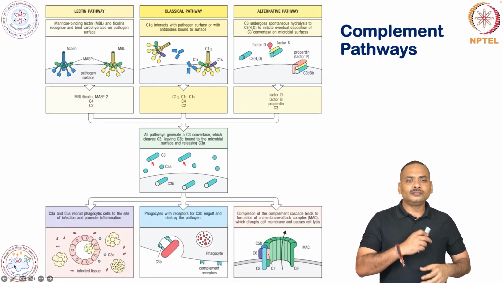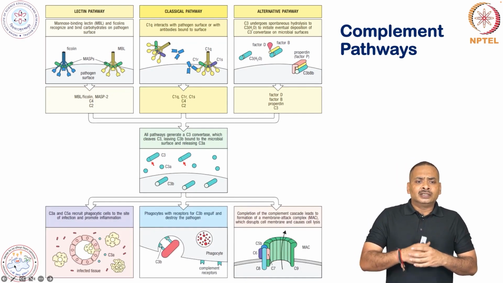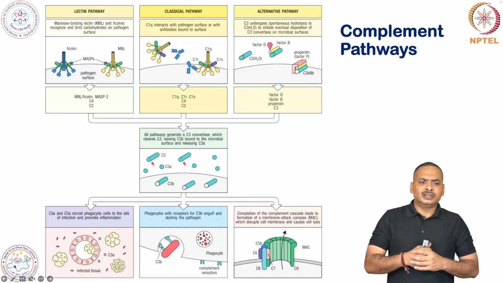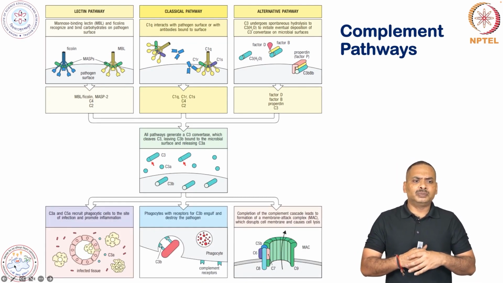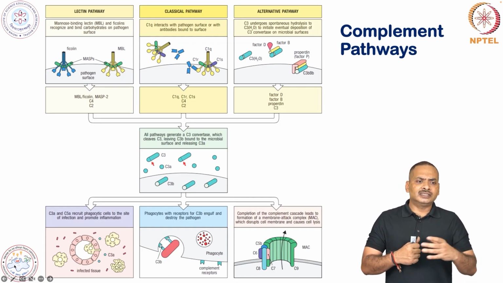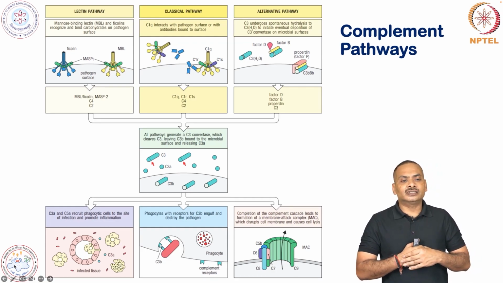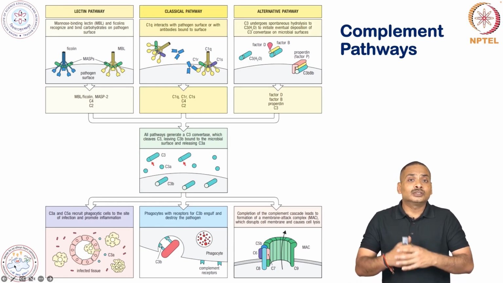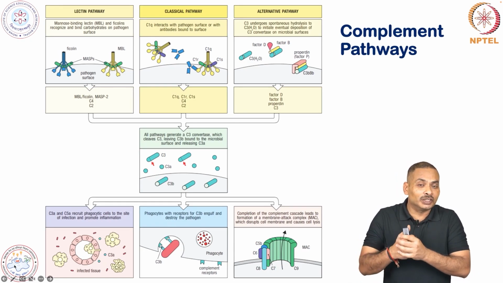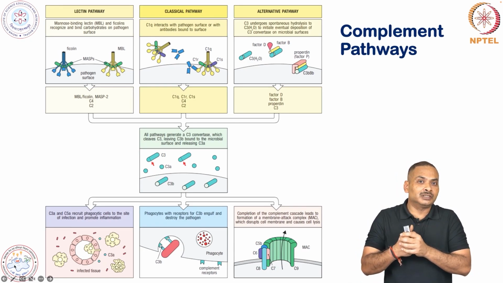Several things will happen. For example, C3a and C5a recruit phagocytic cells. Please remember, this is an inflammatory molecule.